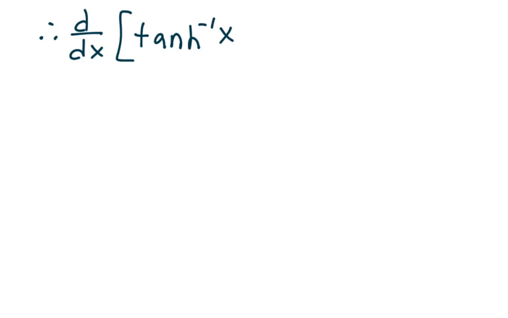Therefore, the derivative with respect to x of inverse hyperbolic tangent of x is 1 over 1 minus x squared. Now, with that in mind, we're going to look at some examples.